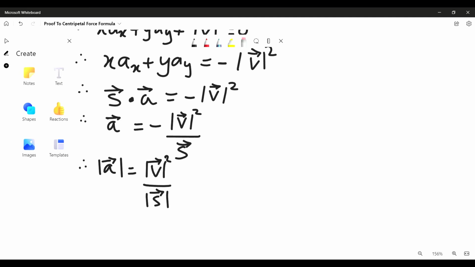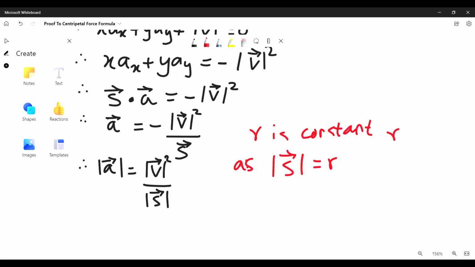We know that r is constant. Therefore, the mod of displacement is constant. And the mod of displacement, the mod of r, is equal to the root of x squared plus y squared.